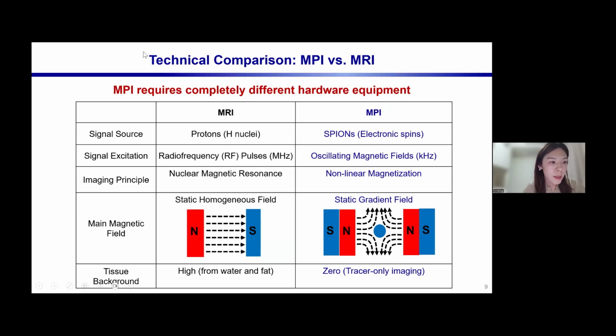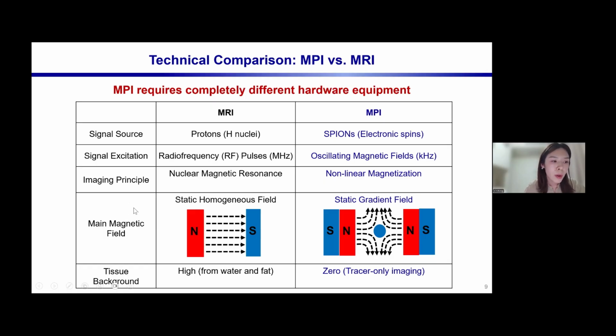First, we can look at the signals. MRI relies on the resonance of hydrogen protons in our body and uses megahertz radio frequency pulses for excitation. MPI, on the other hand, detects the magnetization of the SPIONs, driven by kilohertz oscillating magnetic fields. There's also a major difference in the hardware.